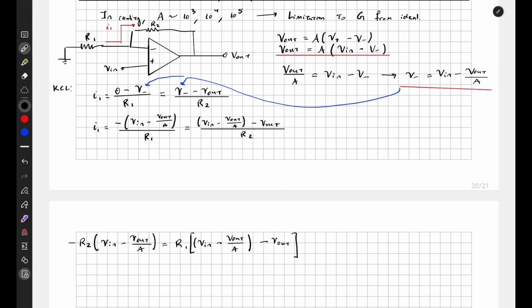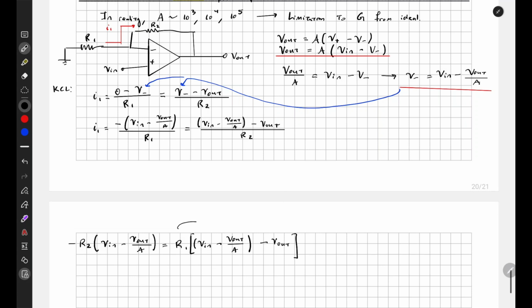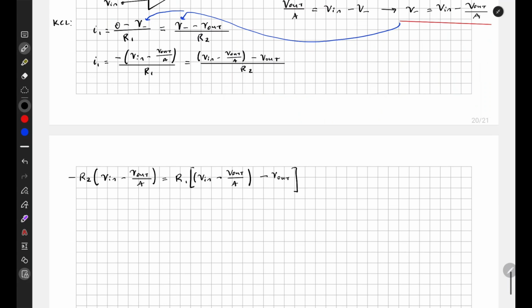Now we need to distribute these terms. So the left side becomes negative R2 V in plus R2 V out divided by A, and then the right side becomes R1 V in minus R1 V out divided by A minus R1 V out.